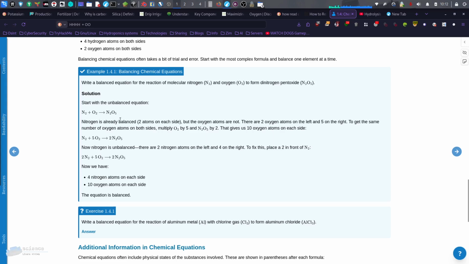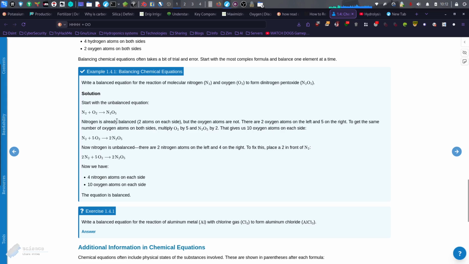Nitrogen is already balanced. What about the 5? We have only 2. I think we need to add a number, but where? 2 by 2, 4. 3 by 2, 6. How to balance this? Strange.